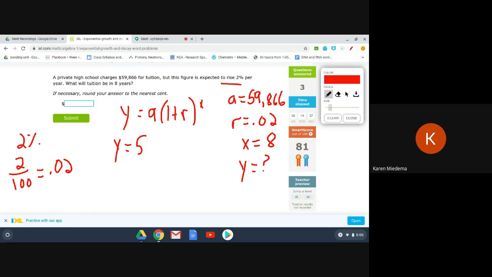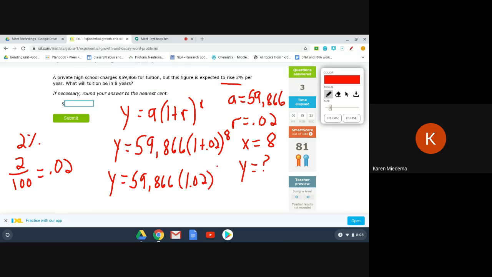My starting value is 59,866 times 1 plus 0.02, all raised to the 8th power. Again, I'm going to go ahead and simplify what's in those parentheses. So 59,866, 1 plus 0.02, it's 1.02, all raised to the 8th power.